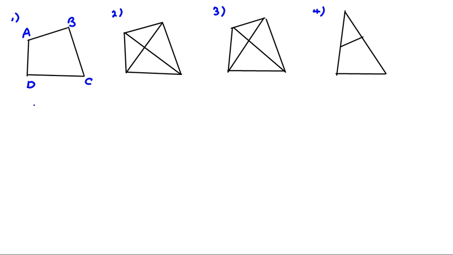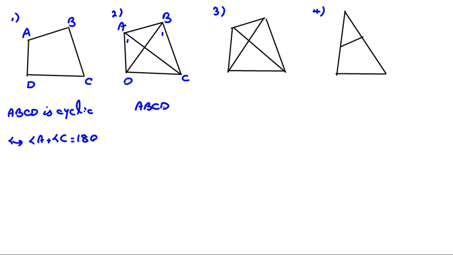Take ABCD. The first rule: ABCD is cyclic if and only if angle A plus angle C is 180, the sum of opposite angles equals 180. Here we consider angles A1 and B1, which see the same side.